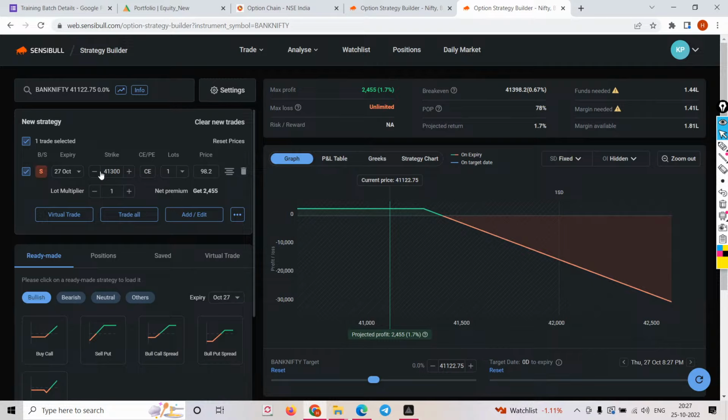Is it feasible, viable, or logically correct to say that you are bearish about the market when you're selling 41,300? Yes or no, I want to hear from each and every one. This is very important.